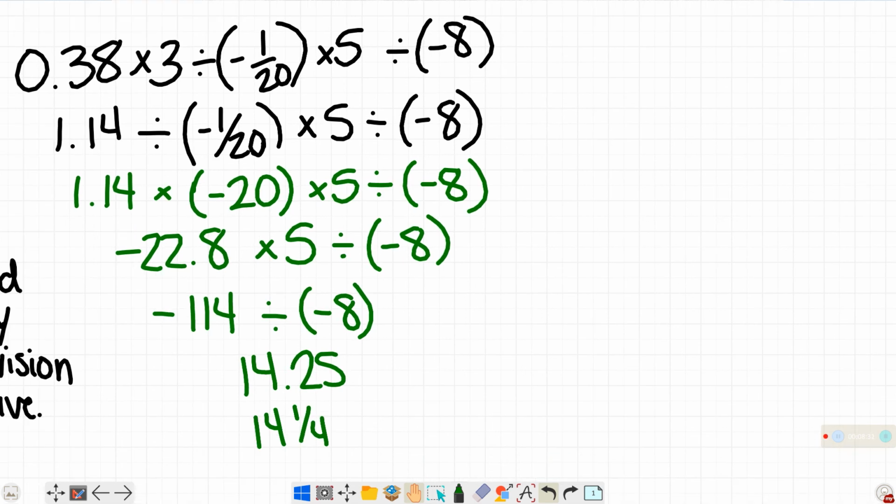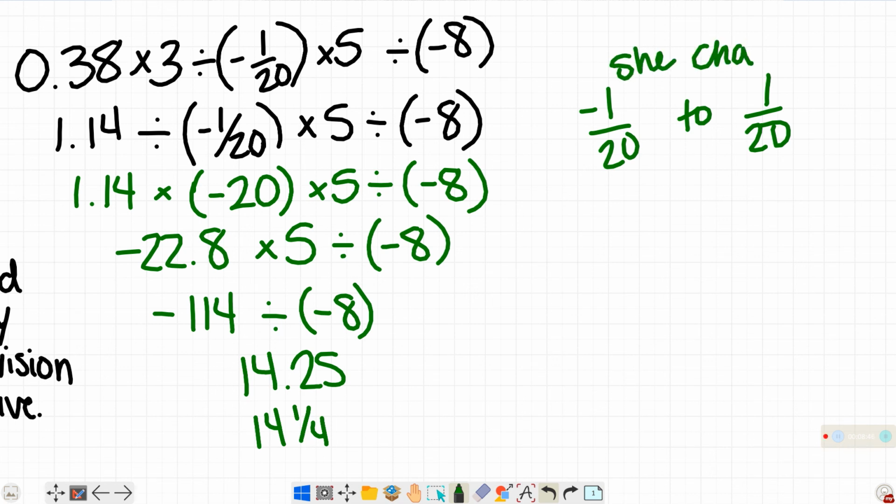Another mistake Mia makes is that she changed the negative 1/20 to a regular 1/20. She lost the negative in the second line. So she changed negative 1/20th to 1/20.